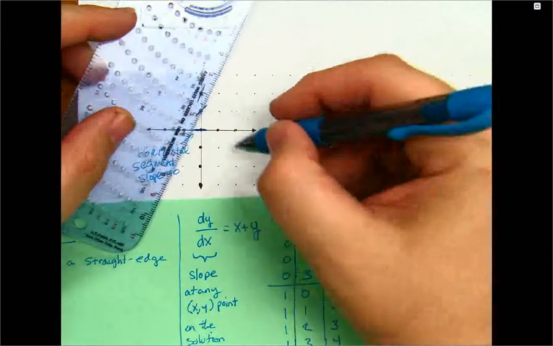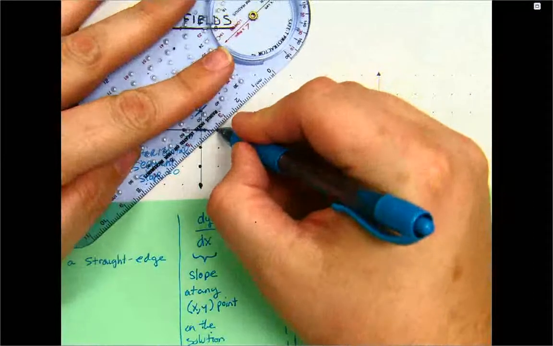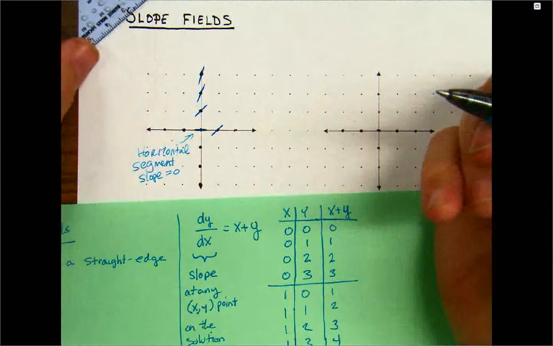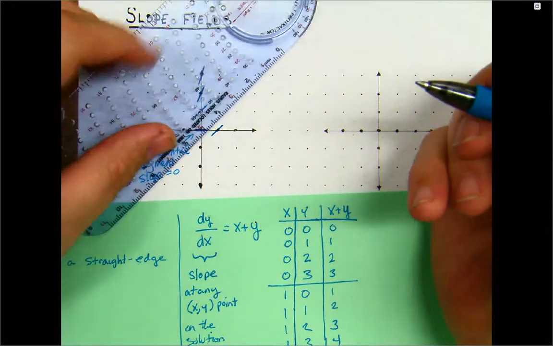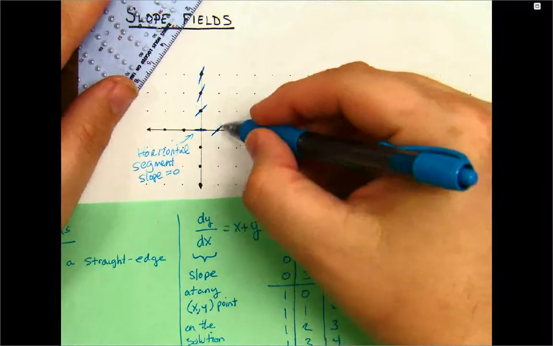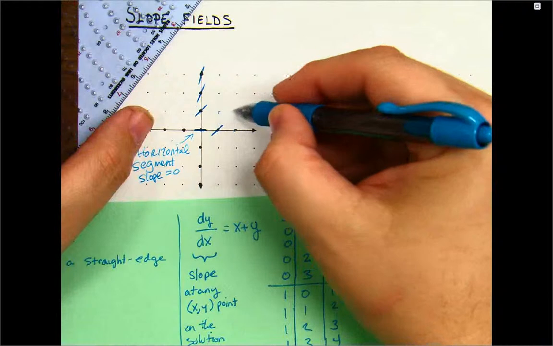Yes, this gets a little bit tedious. This is going to give me a slope of 1, because for a slope of 1 from this point, go up 1, right 1, and so that's rise over run, 1 over 1.